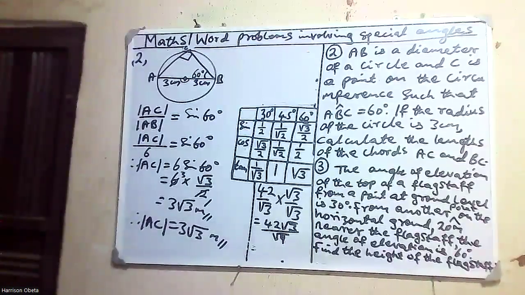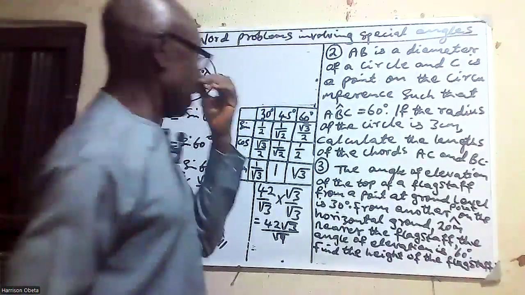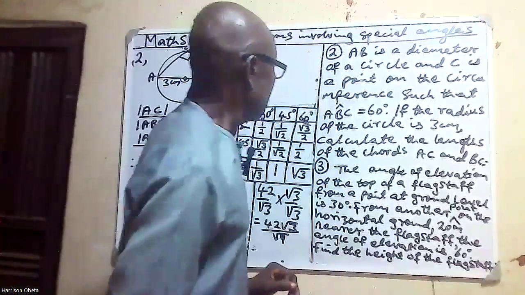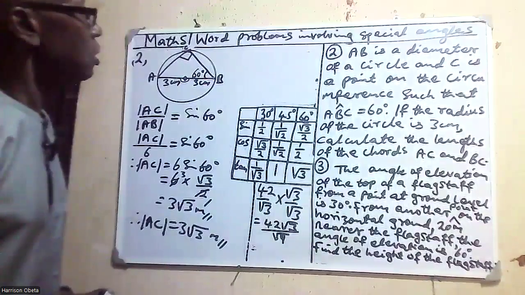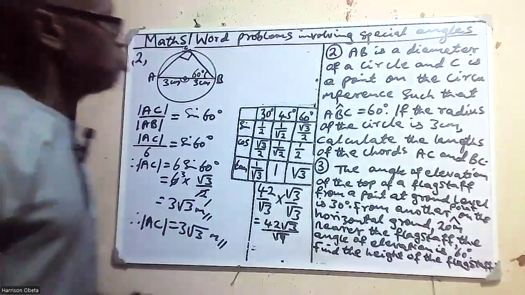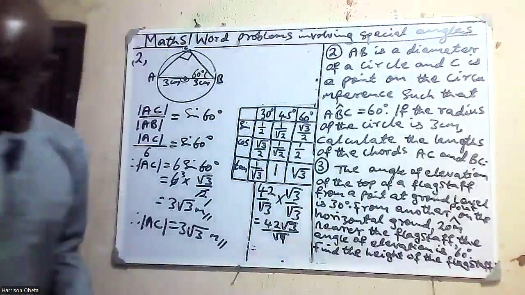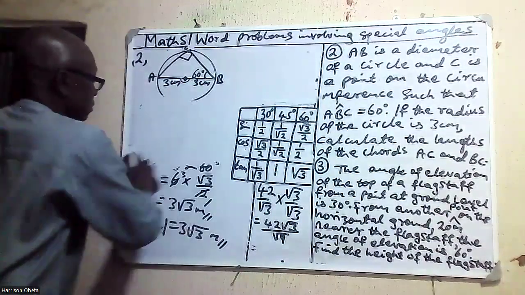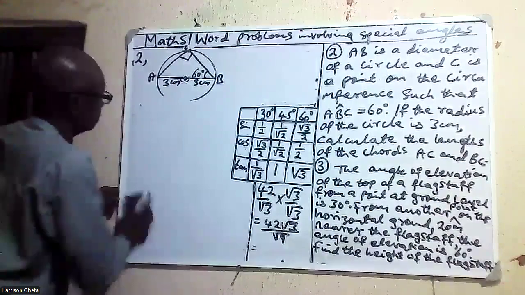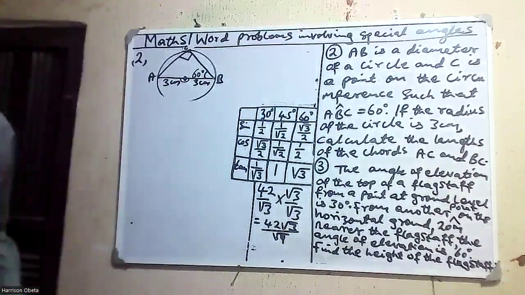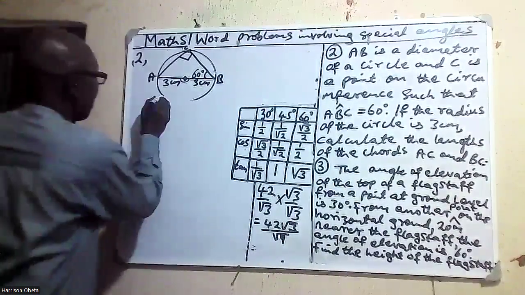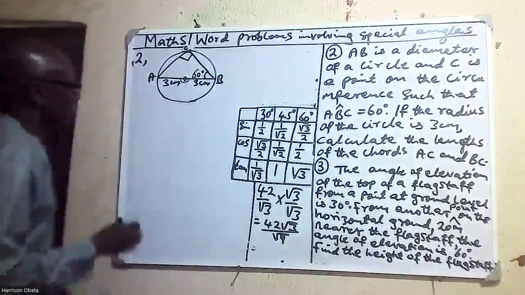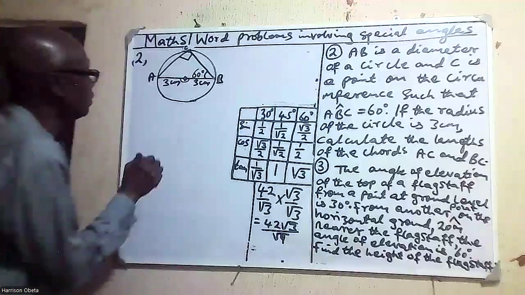So that's about that. Then the next thing, we have to go ahead to find the other chord, which is BC. So BC now, we are now looking for BC.